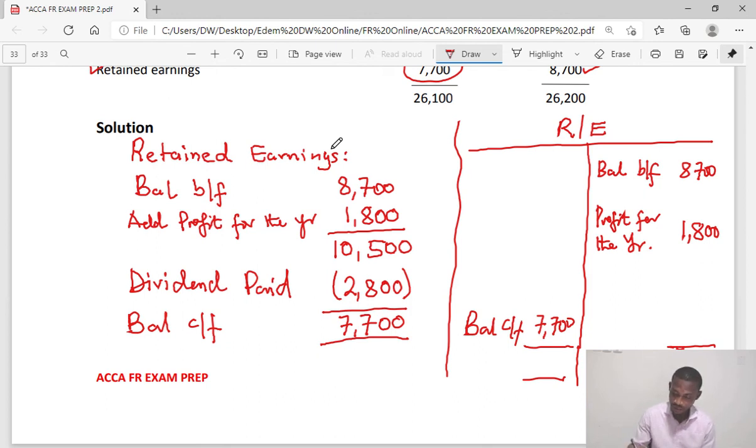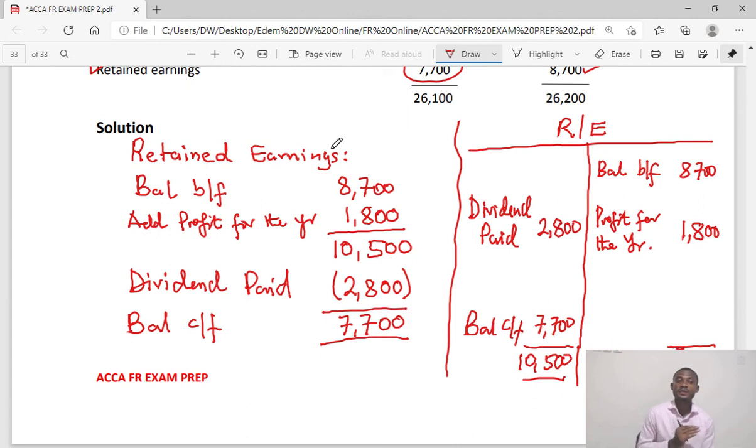Again, you'd have this total as 10,500, and the balancing figure would again be the dividend paid. So the dividend paid will be shown here, the same value, 2,800.